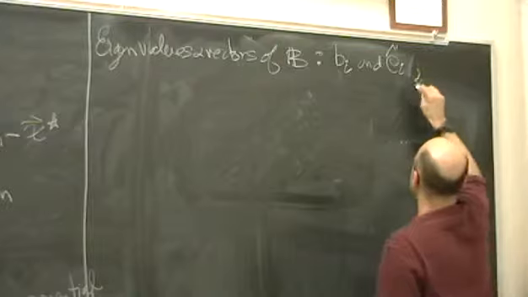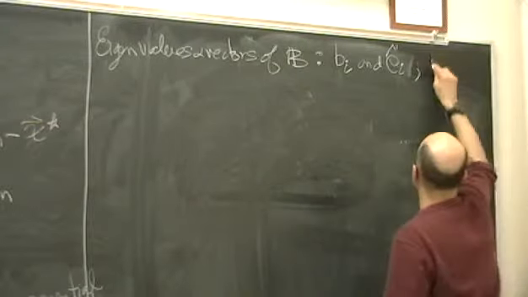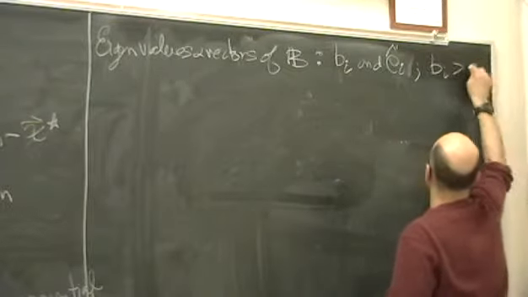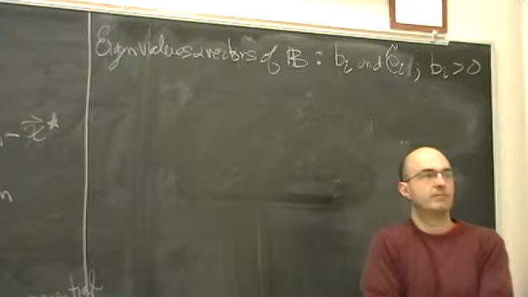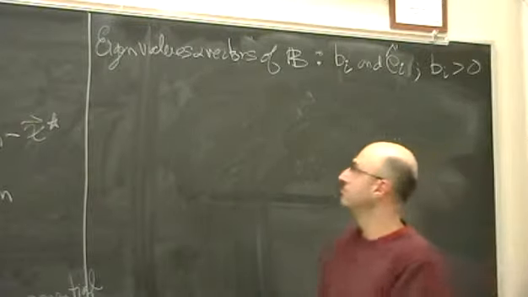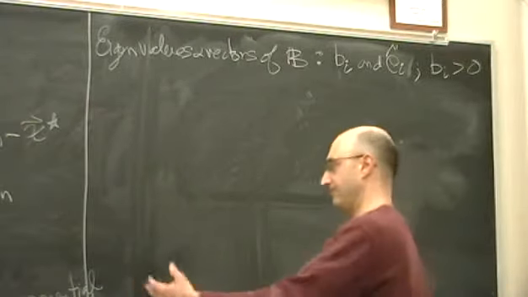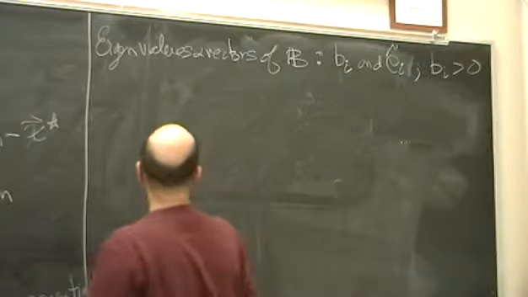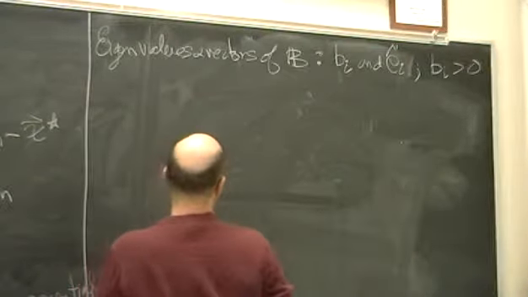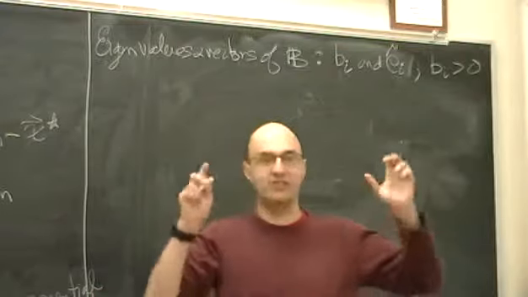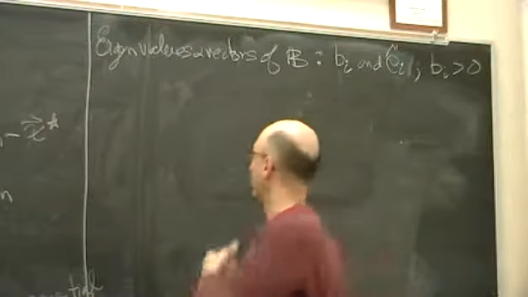And notice, because B is positive definite, I know at least that all the b_i's are greater than 0. Well, what can I do now that I have this eigenbasis? Again, I don't know what they are, I just know that they're out there somewhere.